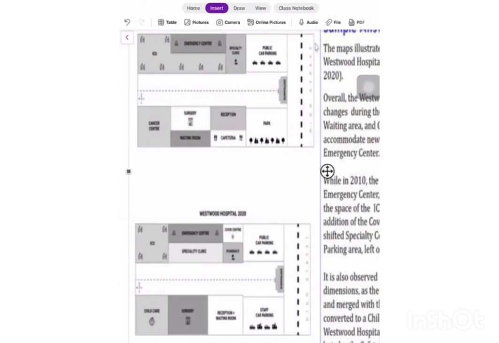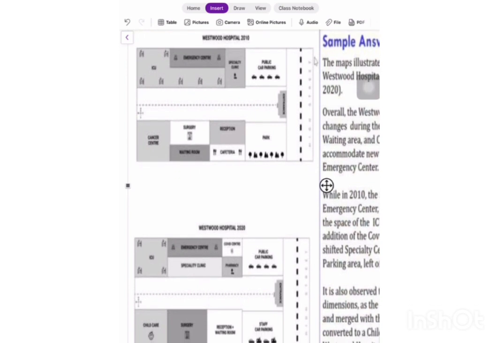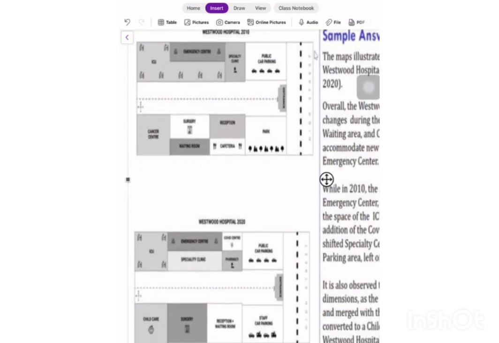So we will discuss a map question. Now this is a Westwood hospital and two maps images are shown. One is of 2010 and the other one is of 2020.